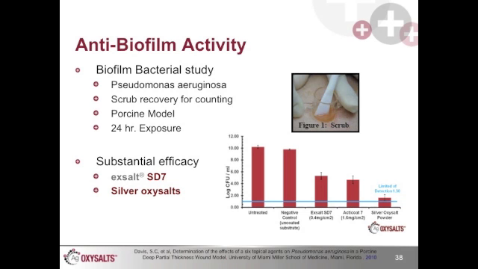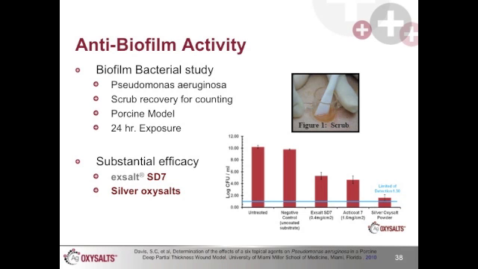It is increasingly recognized that biofilms play an important role in disrupting wound closure. It is therefore important to understand how to manage biofilms effectively. Therefore, through collaboration with Stephen Davies at the University of Miami, we evaluated the performance of Exsalt technology on Pseudomonas aeruginosa biofilms in a porcine model.